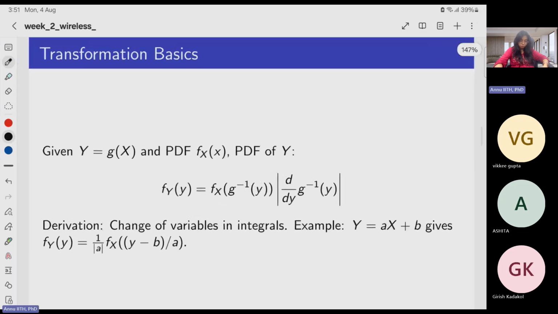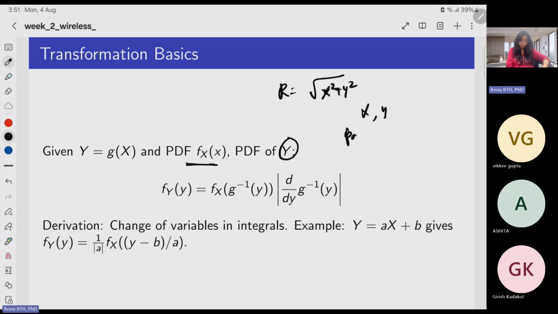Now, I'll go through some transformation basics. Suppose you have two random variables, y equals g of x, and the PDF of x is f of x. How do we calculate the PDF of y? Have you seen that r equals root over x square plus y square, and you know the PDF of x and y, how will you calculate the PDF of r?